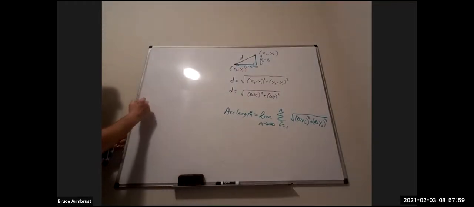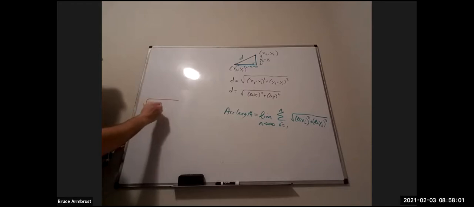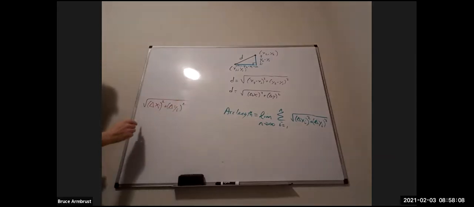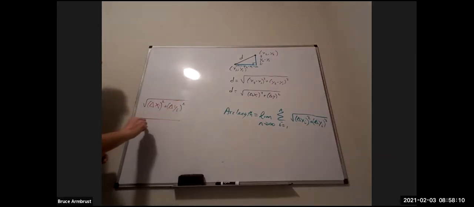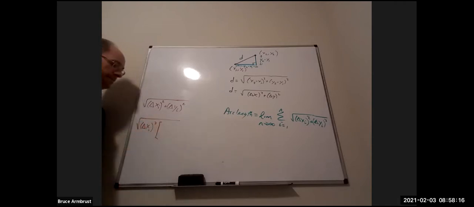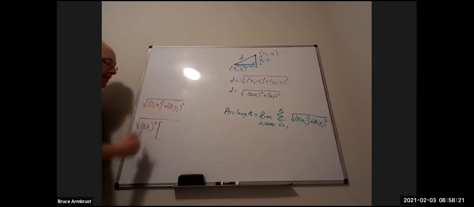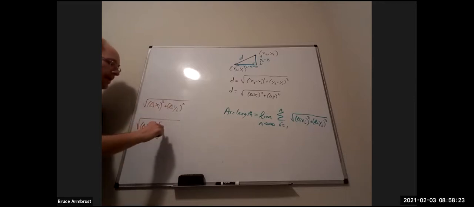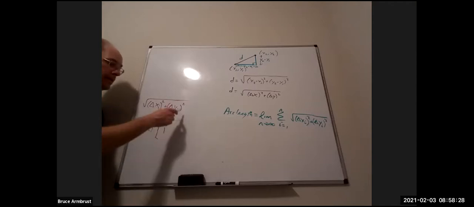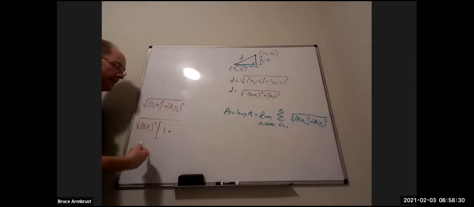So we're looking at this square root. What I'm going to do is factor out a delta xi squared. It's still inside the square root, but I'm going to factor it out of this bit. So the delta xi squared turns into a 1. The other piece, I have to divide out a delta xi.